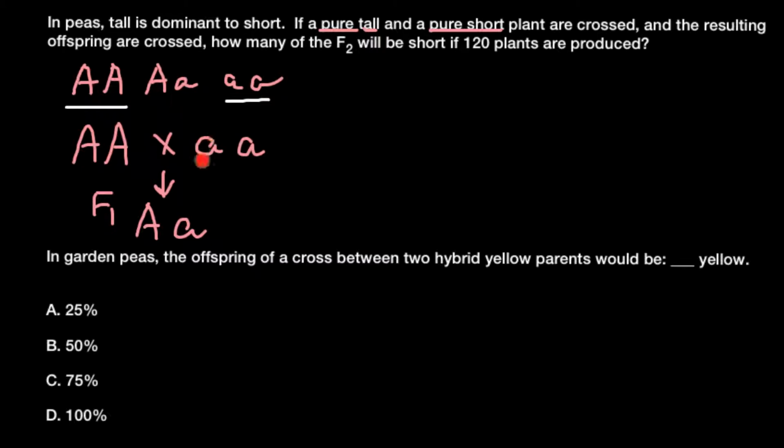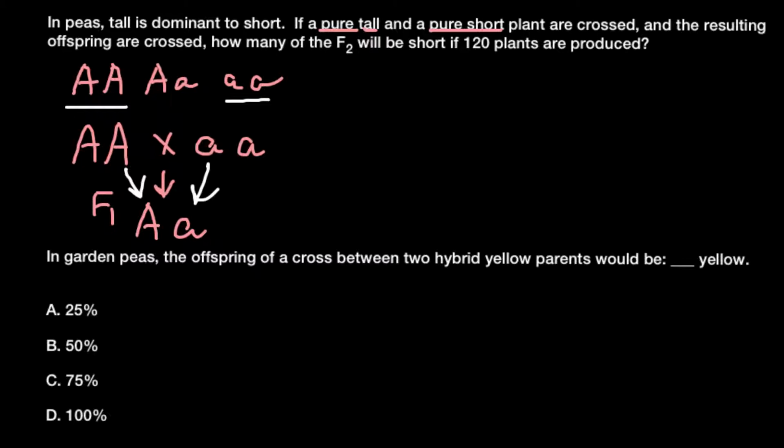No matter which allele is found in the gametes, this parent donated this allele, and this parent this allele. So 100% of the F1 generation would be heterozygous, and phenotypically would be tall.